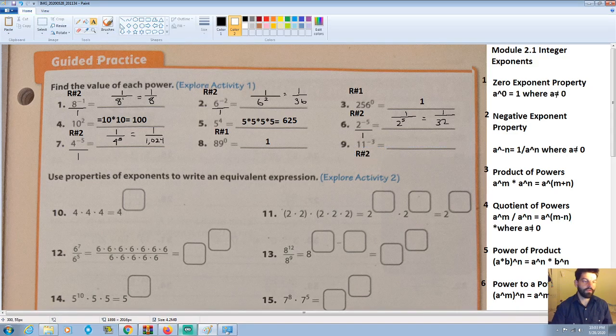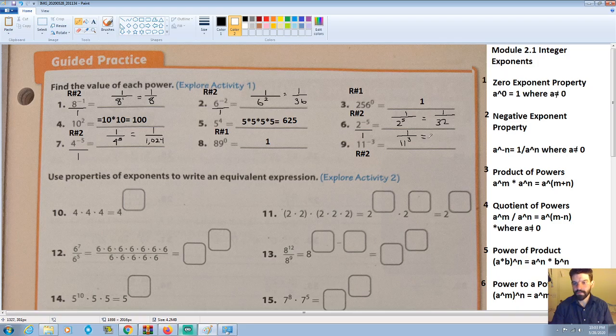So we want to make that -3 positive, so we're going to put that into the denominator, making that exponent positive. And this also is for if it was negative in the denominator. If it was -3 in the denominator, we would put it in the numerator as a positive exponent as well. So it kind of works both ways.